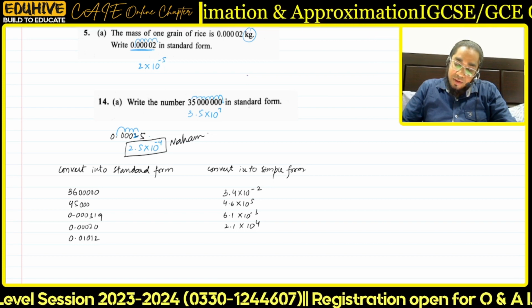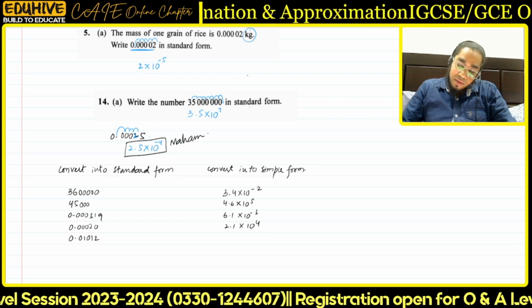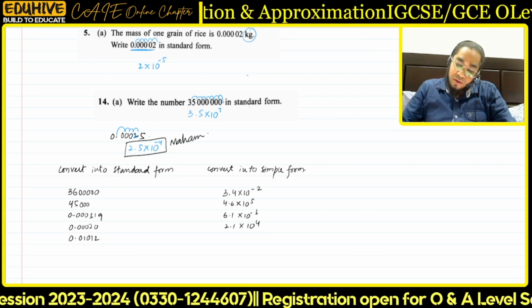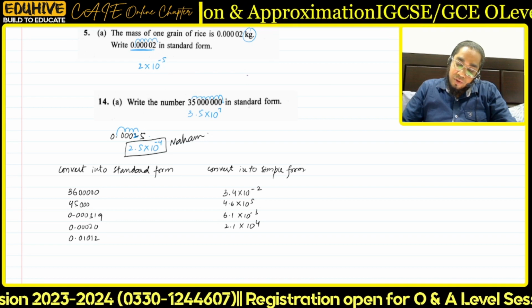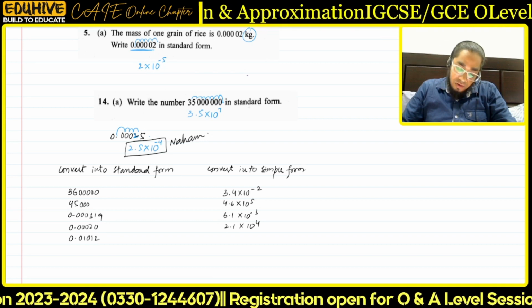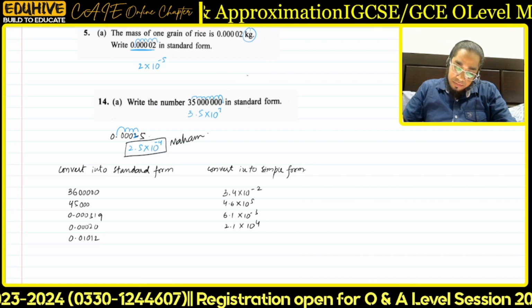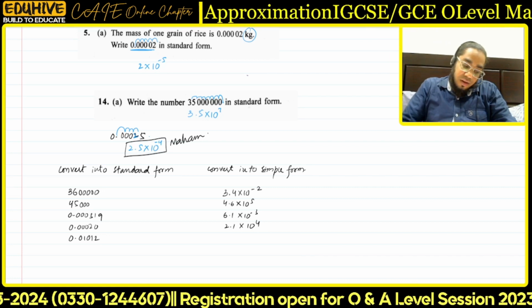Okay, she wrote all the answers in one step. 3.6 into 10, okay, okay. So correct, correct, correct. All the answers are correct, beta. Simra, all the answers are very good.